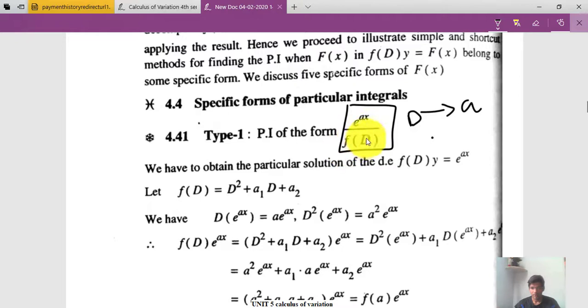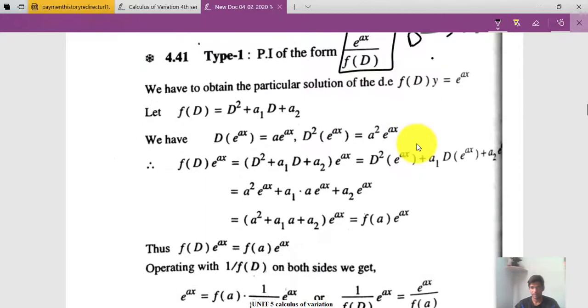This is a differential polynomial f of d, and the function is e raised to ax. Now in my case it is 1. If this f of d is 0, then you differentiate f of d and multiply the numerator by the variable, here x. Again, if it turns out to be 0, then multiply it by x, it becomes x square, and again differentiate.